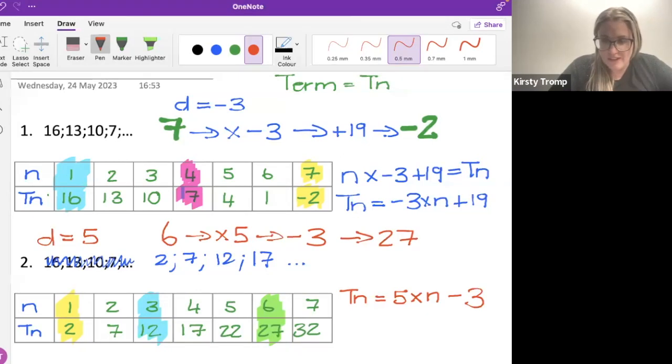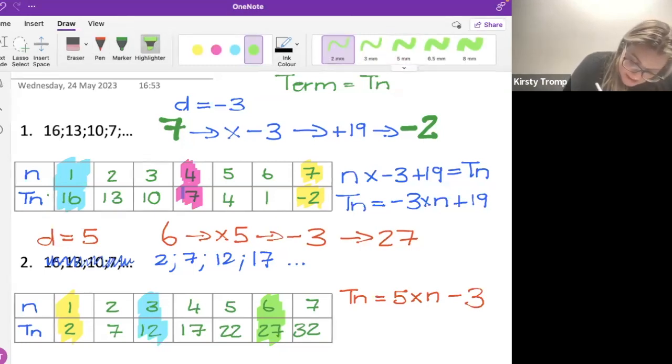A positive times a negative gives me a negative 3 times by 7. 3 times by 7 gives me negative 21. And then I say negative 21 plus 19. Well, if I put that on a number line, negative 21 plus 19 equals negative 2.